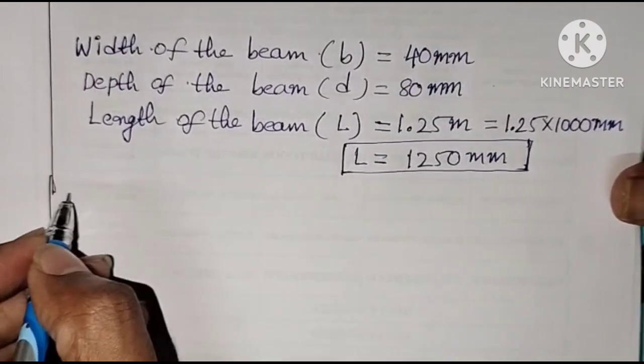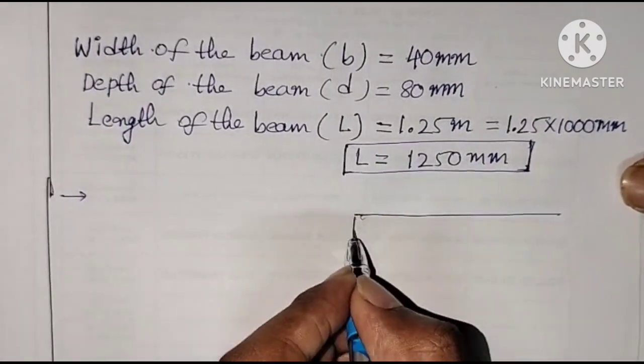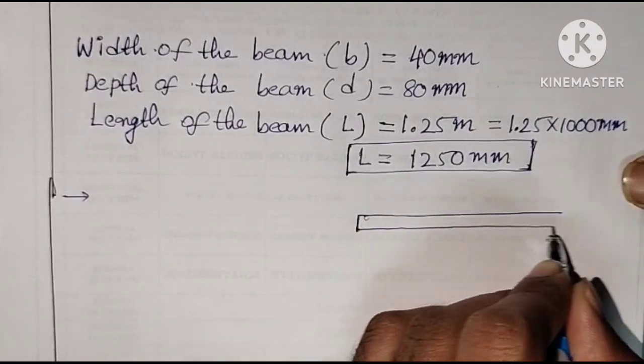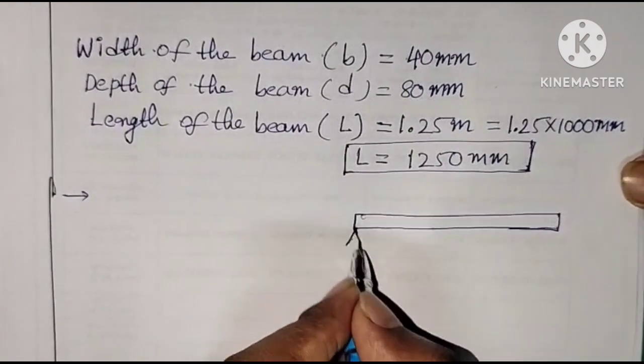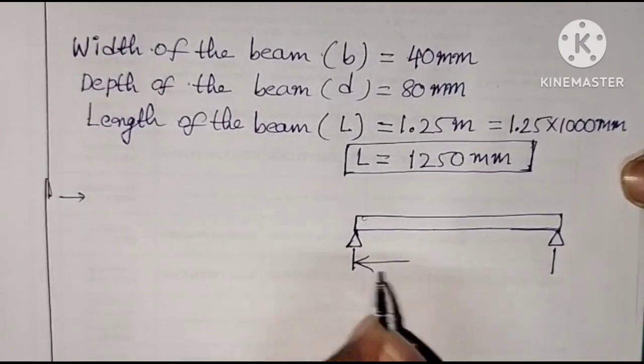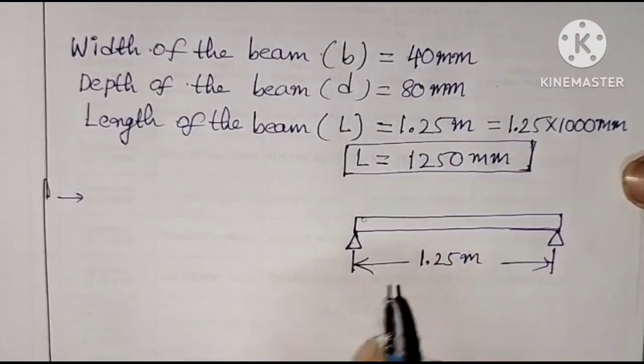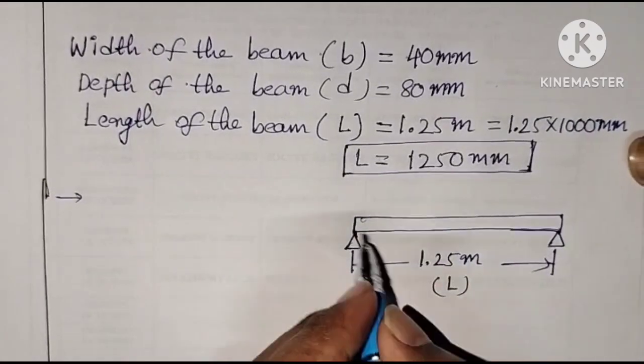And this beam is subjected to a point load at center. So there is a cast iron beam placed on supports, and these two supports are at a distance of 1.25 meters, nothing but L, the length of the beam.